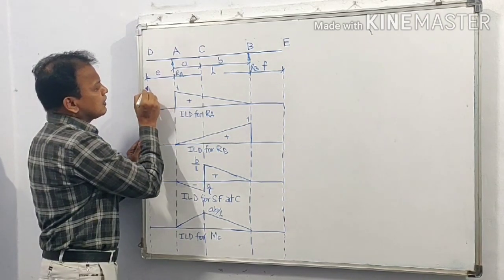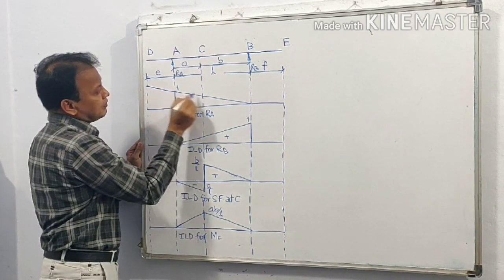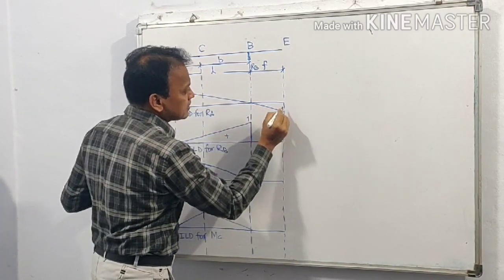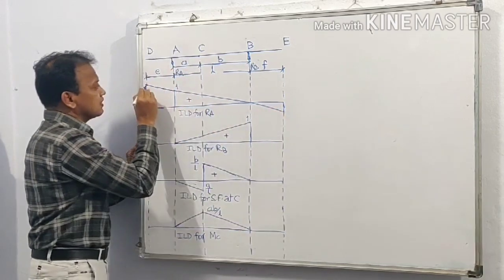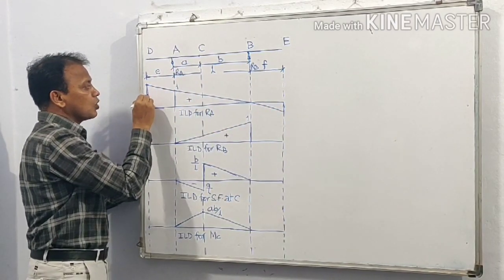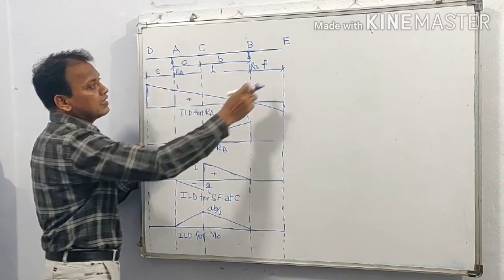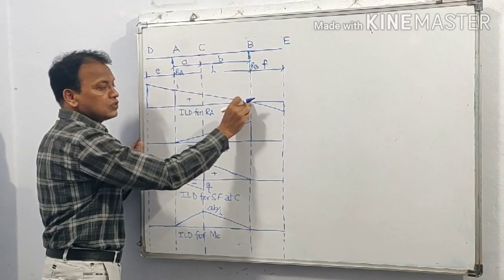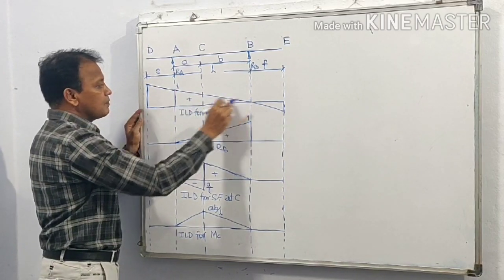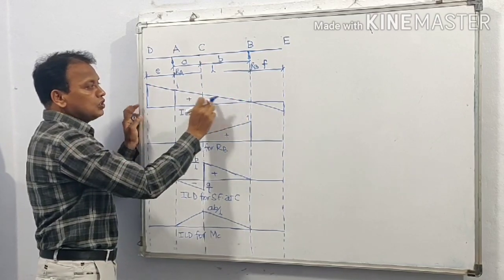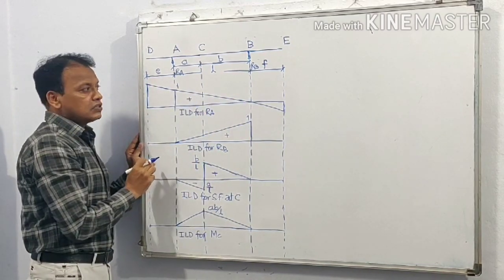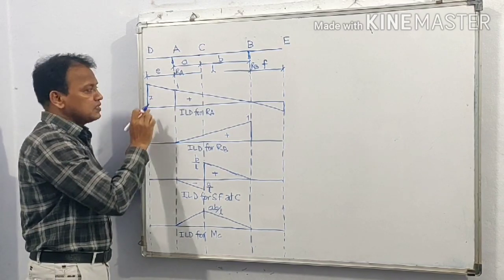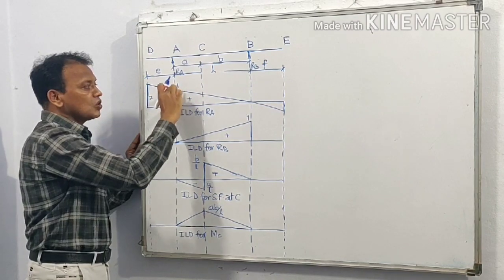So simply extend this line on left hand side and on right hand side. We get some ordinate at D and ordinate at E. We know this is one triangle, another triangle, so these two are similar triangles. From similar triangles, only for the sake of simplicity, let this ordinate be x, this ordinate is 1.